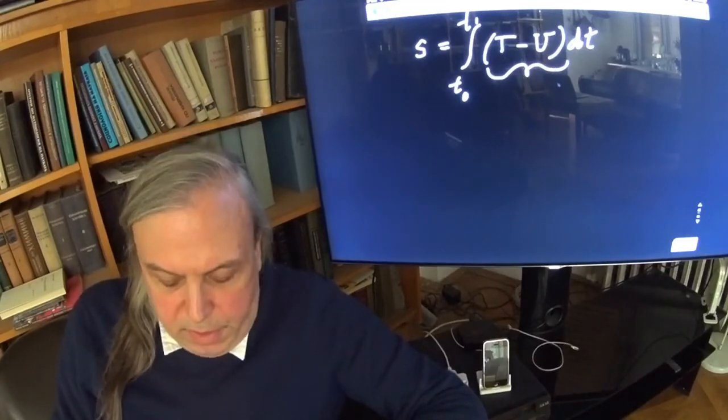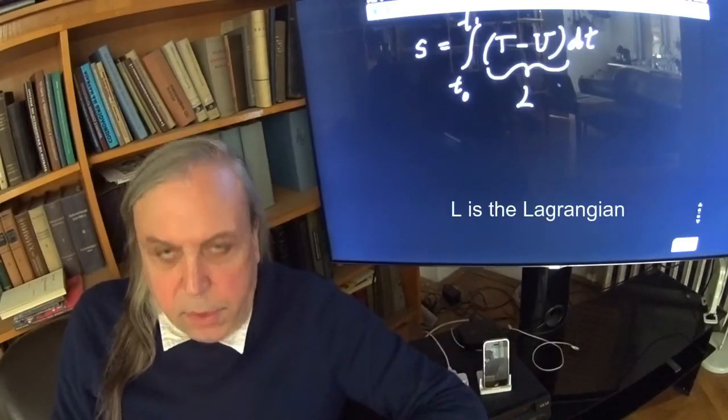This is also called Lagrangian, denoted by capital L.